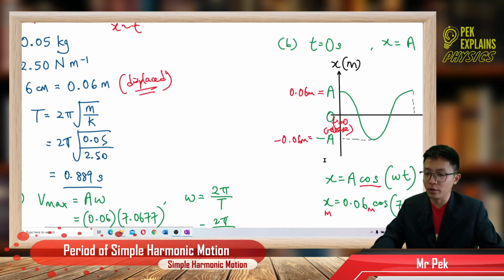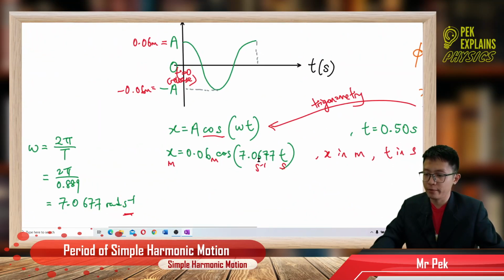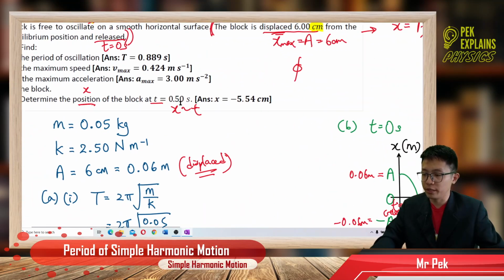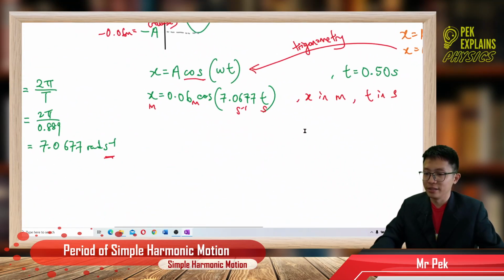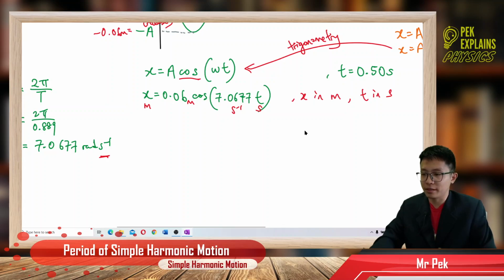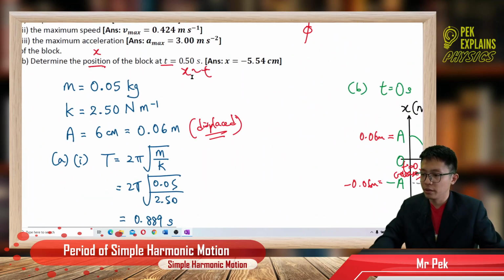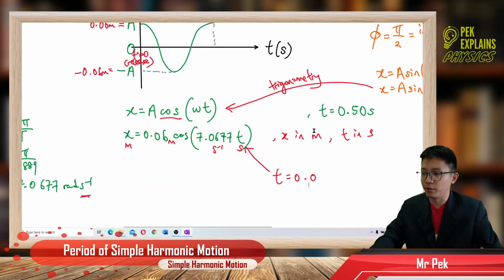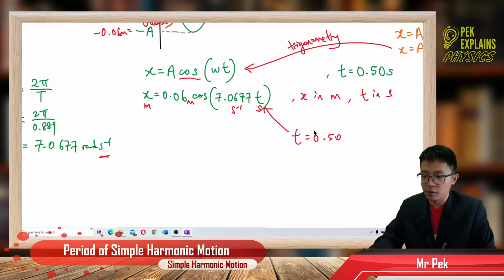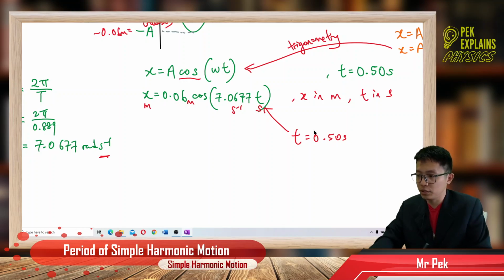So we use this equation to find. So put the time there. So what you do is you substitute the time with 0.50 second.